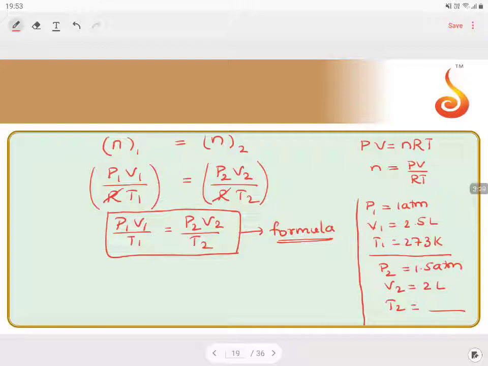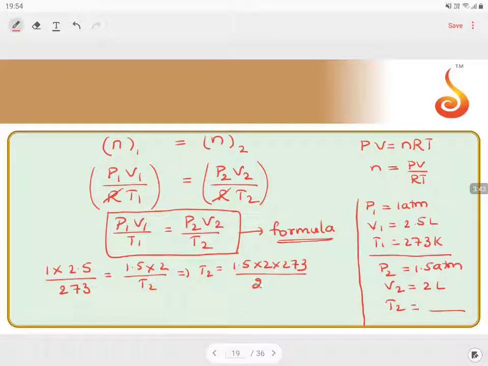Now substitute the data in this. 1 into 2.5 by T1, which is 273, is equal to P2, which is 1.5, into 2 by T2. So now T2 will be equal to 1.5 into 2 into 273 by 2.5.